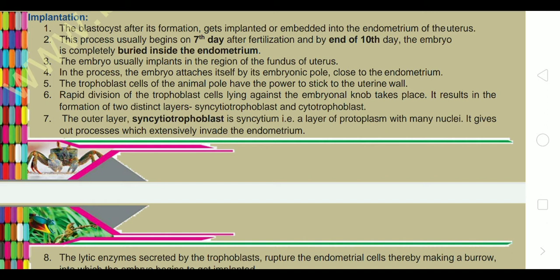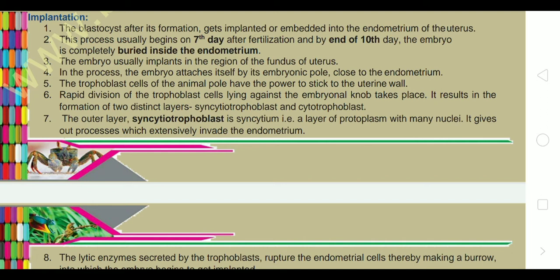Simultaneously, gastrulation takes place inside the blastula. The embryo usually implants in the region of the fundus of the uterus. So this is after the 7th day, and by the end of the 10th day the embryo gets embedded in the endometrium. So this may be the 7th or 8th day.